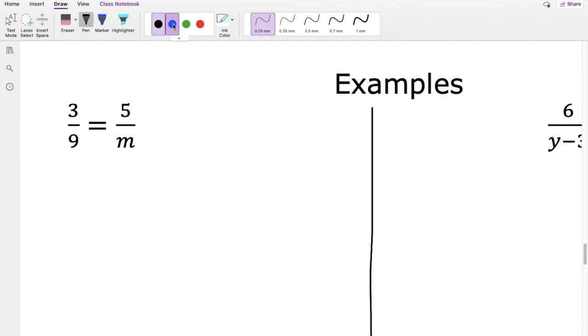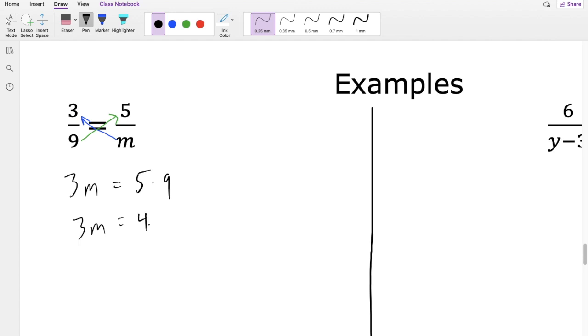So I'm going to cross multiply, or cross products. I'm going to multiply this m across the equal sign, and I'm going to multiply this 9 across the equal sign. So we get 3 times m equals 5 times 9.